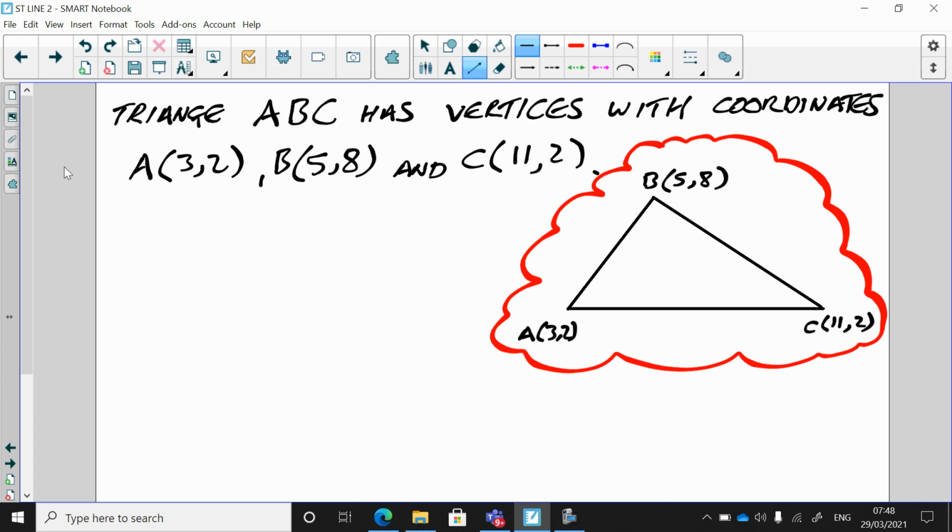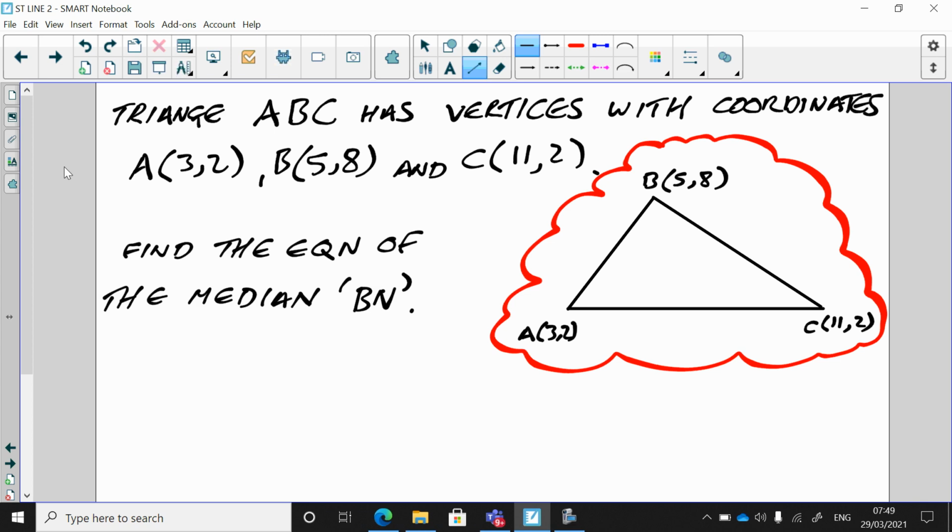Right, so I've got a triangle here, and I've got the coordinates of the vertices and the corners, and okay, so just showing you it there, and find the equation of the median BN. So I can see B up the top there in my picture. So B to N, I don't have an N value.